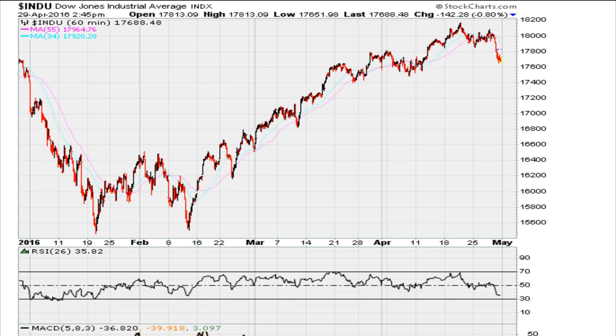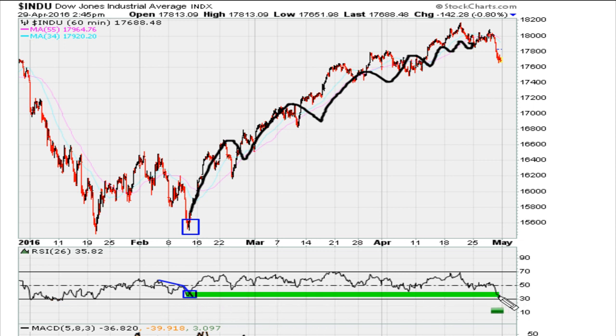There's also a level we need to watch, because coming off the lows here, of course we know that the market has had a nice run and is still trading higher. We can see that this is where the RSI did move out of this range. So with this RSI movement, we can draw a line which should be where the market finds support, if it is to find support.